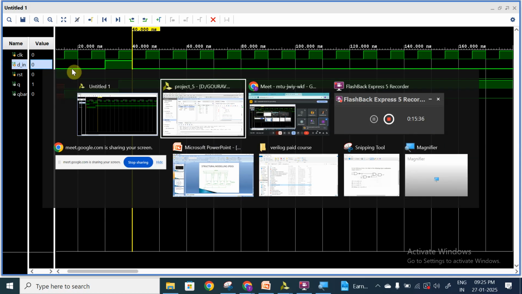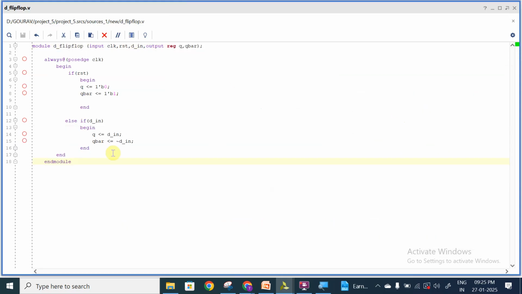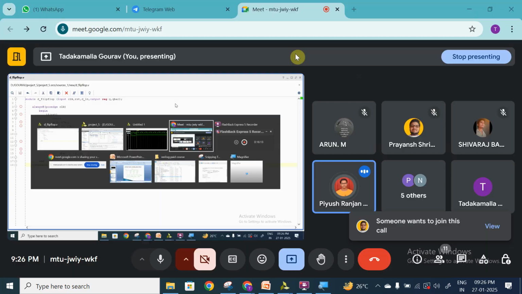Okay, I will show you the code. So this is the code. I already got the mistake. What is happening? Can anyone try? Sir, that else if condition is creating the problem.